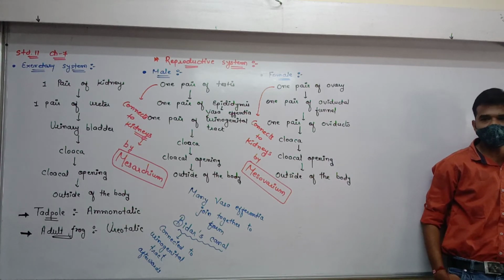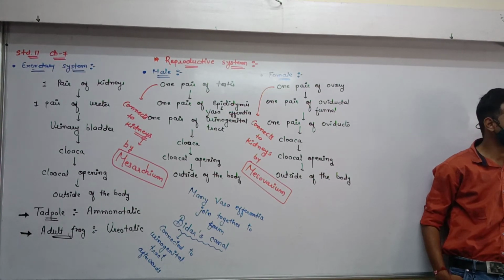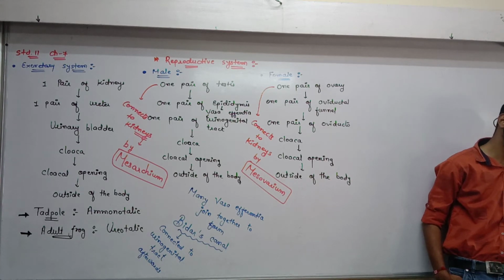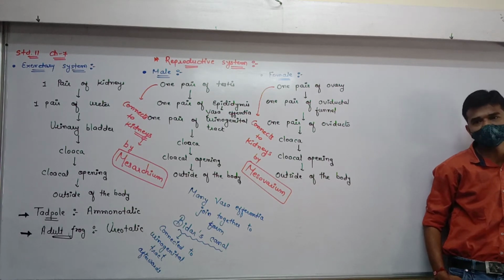The copulatory season in the frog is the monsoon season. After completion of the copulation process, the female frog releases the ova into the water. So here, external fertilization is there.